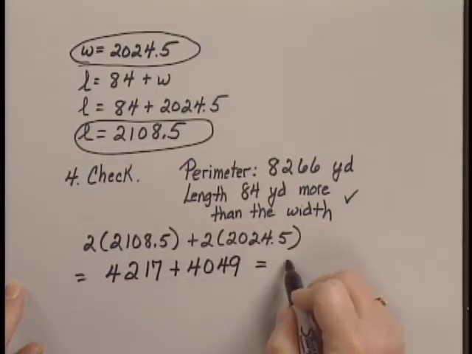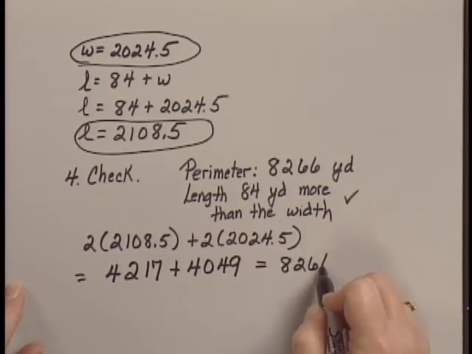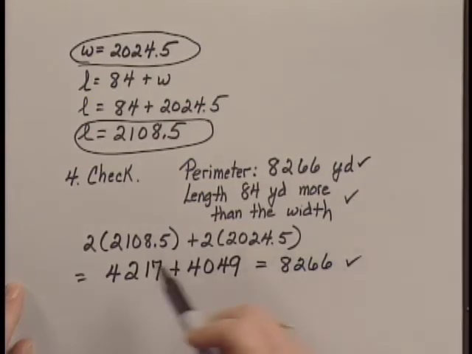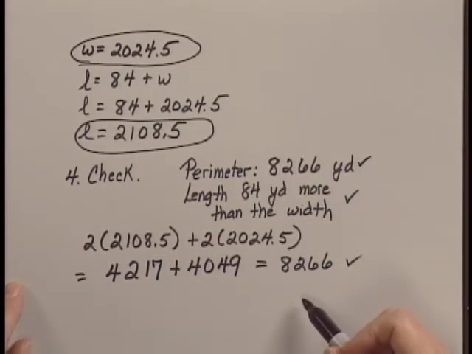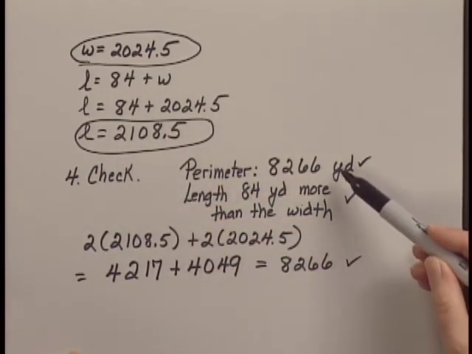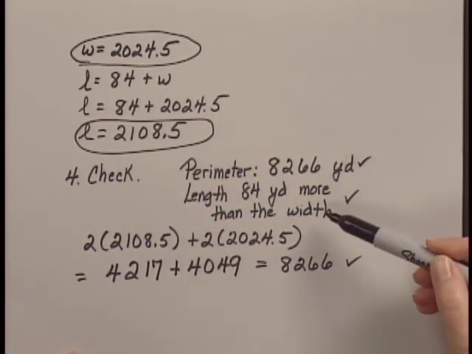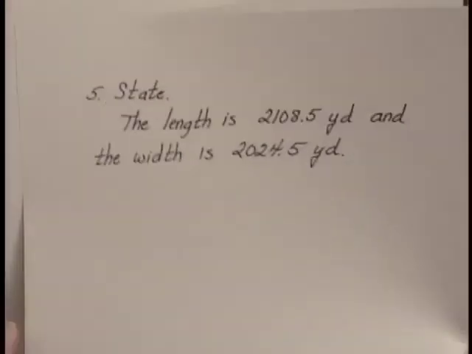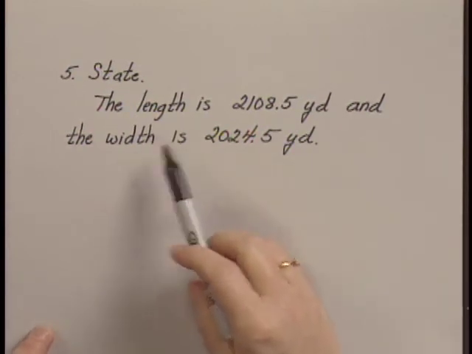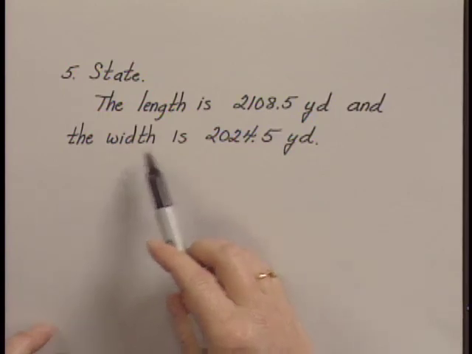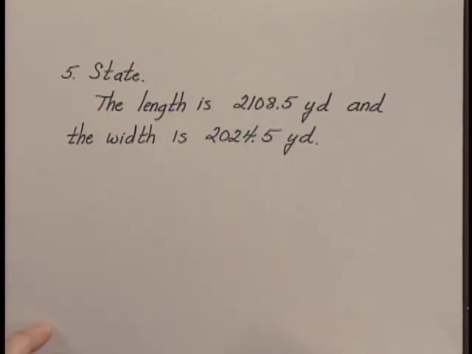Adding that together, we get 8,266. And that checks. Now, it's well worth your time to do this additional math so you can make sure that your answer is correct. Since this width and length give us the correct perimeter, and since the length is 84 yards more than the width, we can state that our solution is the length is 2,108.5 yards, and the width is 2,024.5 yards.